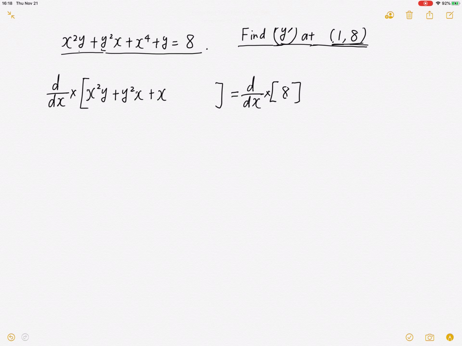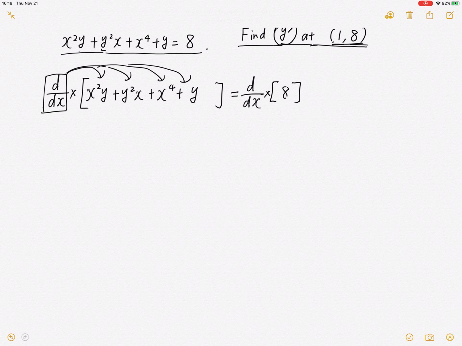So we take the derivative on the entire equation. And this differential operator with respect to x can be distributed like this, just like multiplication by a constant.